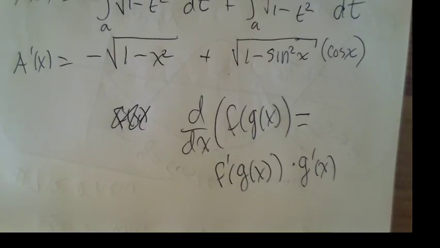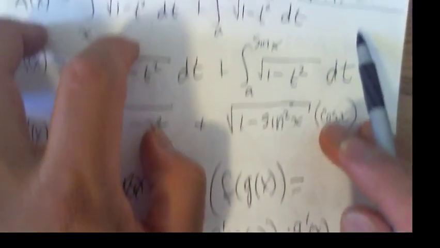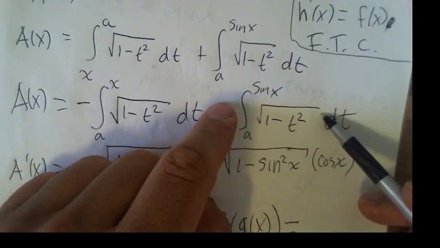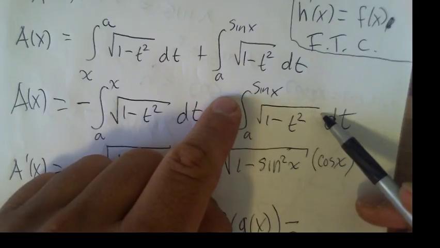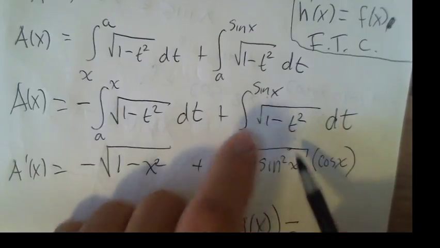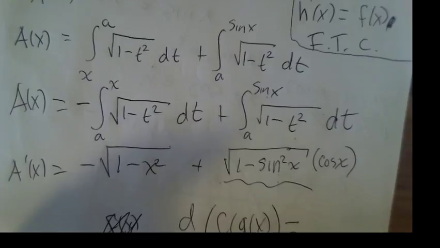Okay, so when we do something like this, we see, okay, so taking the derivative of my outer function here, right, that means just plug that in there, right? Plug the sine of x wherever we see a t. So that's the first part, right? I've taken the derivative of the outer function.